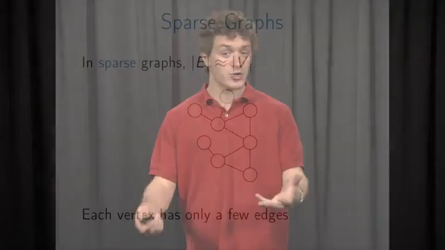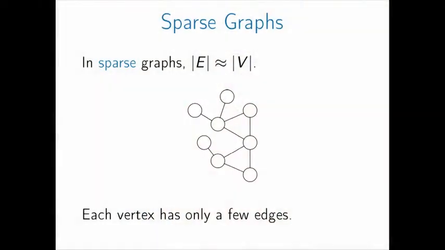On the other end of the spectrum, we have sparse graphs. Here, the number of edges is small relative to the number of vertices, often as small as roughly equal to the number of vertices, or some small constant times the number of vertices. In a sparse graph, each vertex has only a few edges coming out of it.